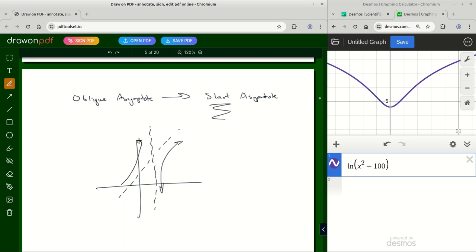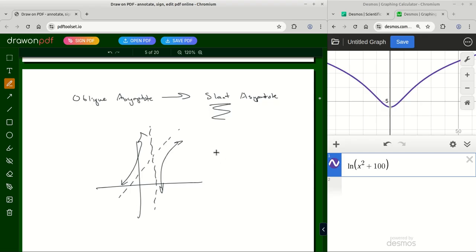They try to follow the slanty thing. Instead of it being horizontal, like normally, this time it's just a slanted line. That's what they're looking for here, okay?